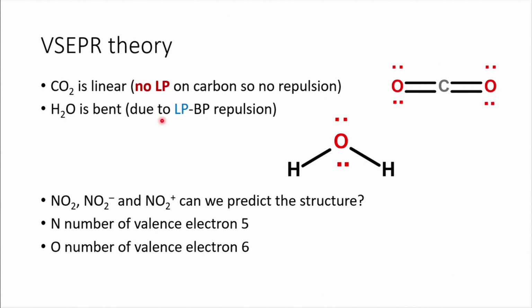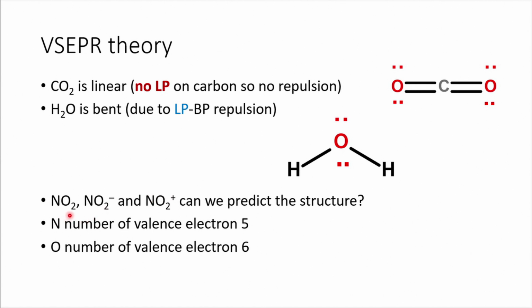So here we have lone pair bonding pair repulsion, due to which the water molecule has a bent structure. This also can be explained very easily by the VSEPR theory. So these are some of the applications where the VSEPR theory agrees with the actual structure of the molecule.